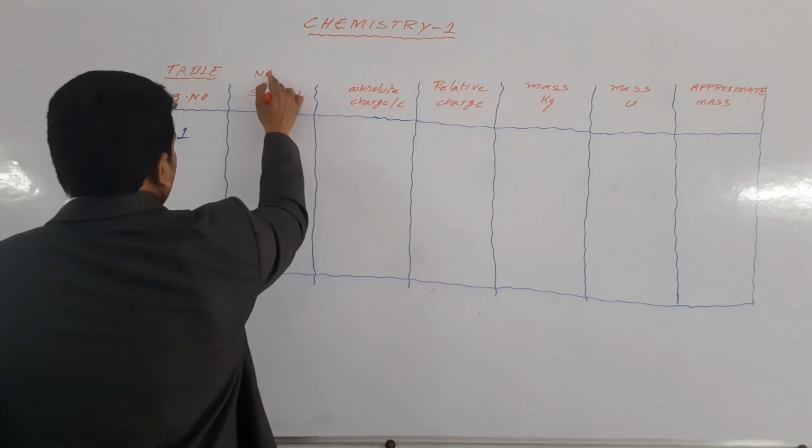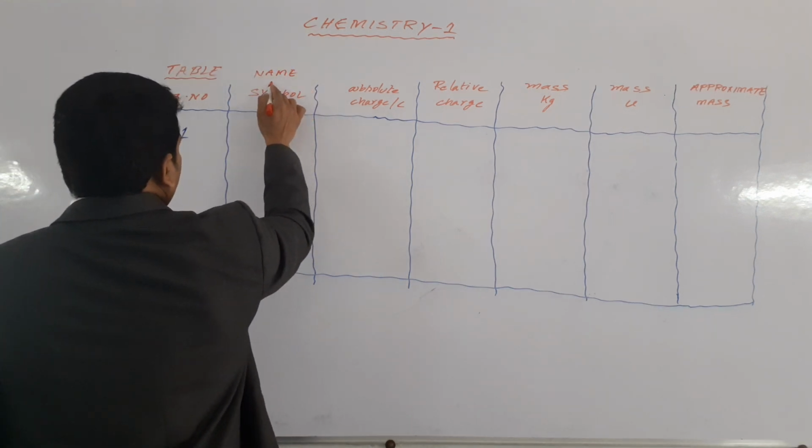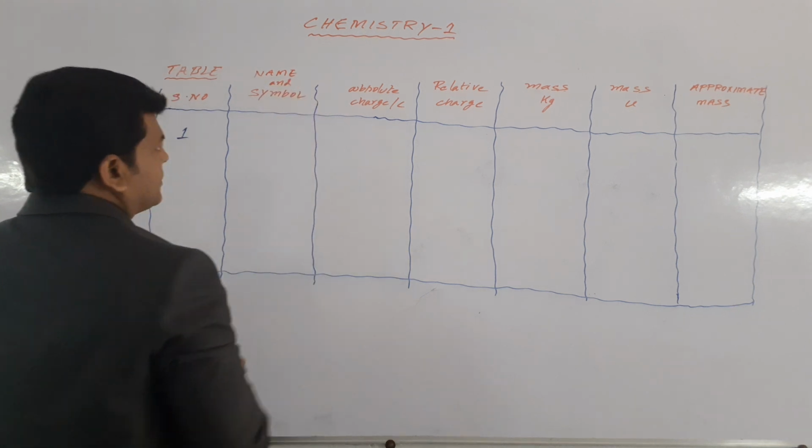In this column I am going to take a name and symbol.